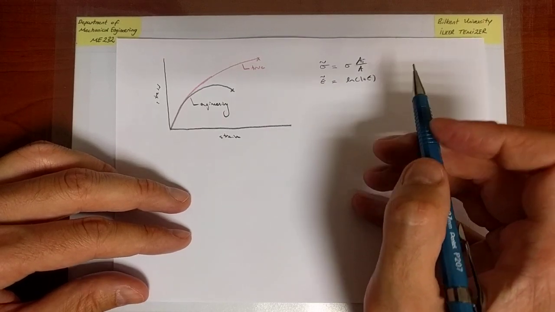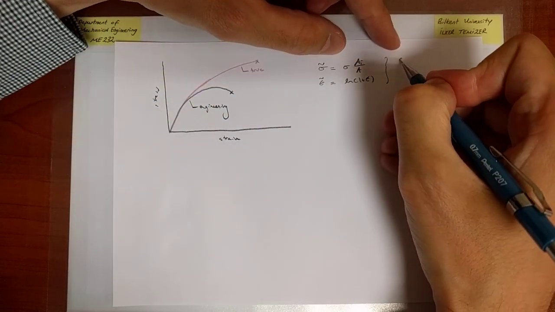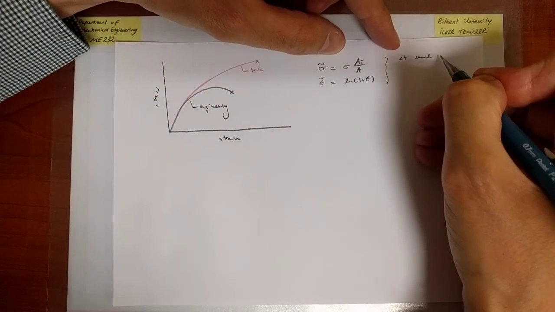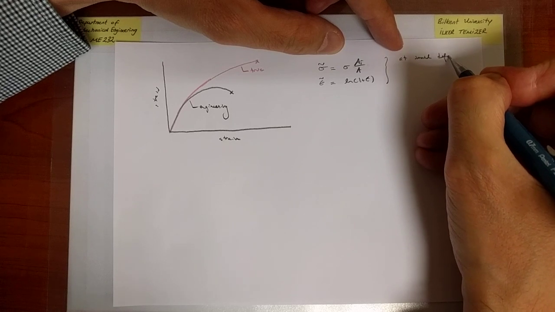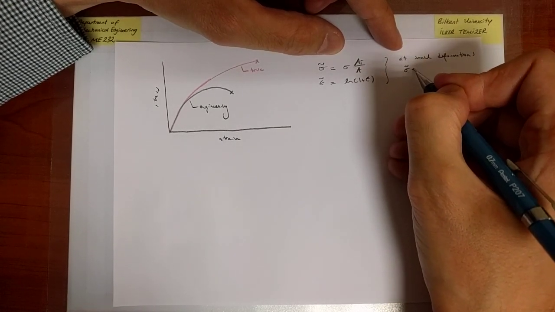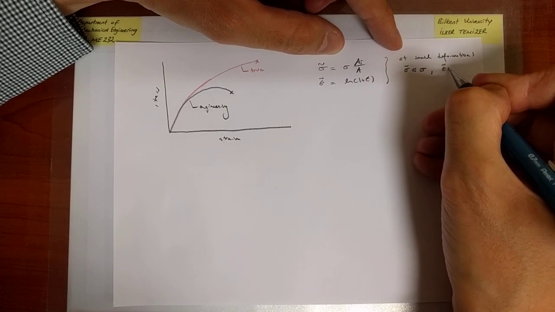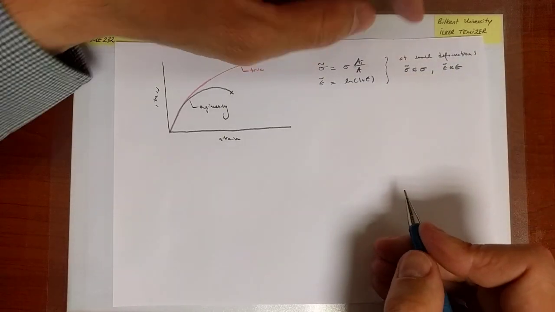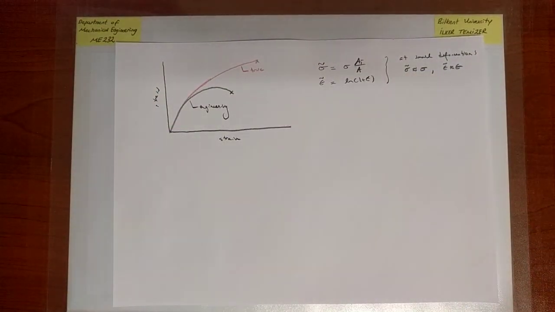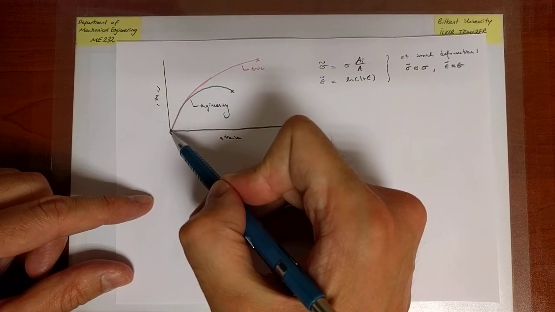So in other words, at small deformations or small values of strain, sigma tilde is approximately equal to sigma and epsilon tilde is approximately equal to epsilon. They're not the same, but for all practical purposes, they are very, very close to each other. And that's what we observe here.